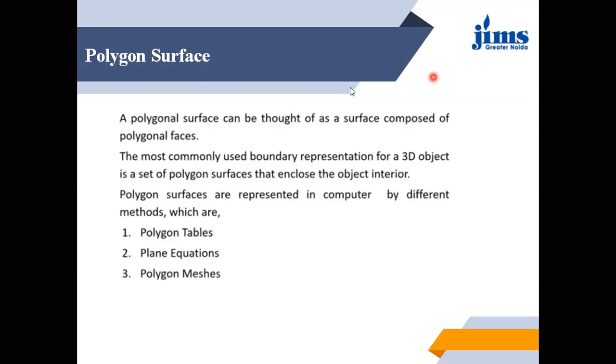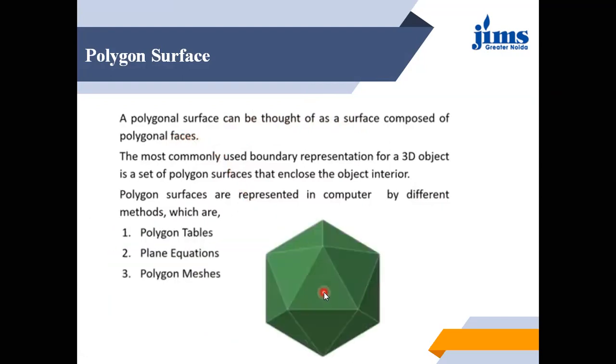This is a surface that can be thought of as composed of polygon faces. You can see there are a lot of faces in this object. This is one face, this is the second face, this is the third face, this is the fourth face, this is another face, and this is another face.